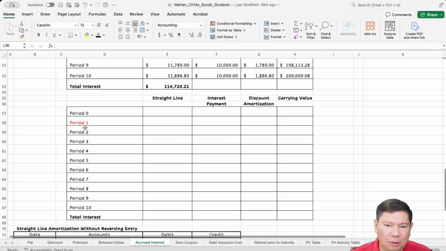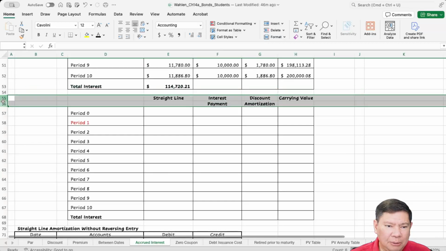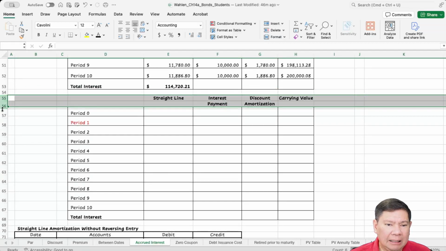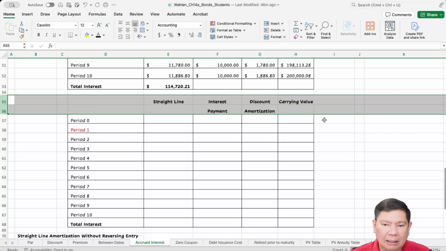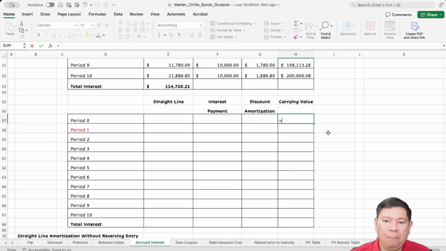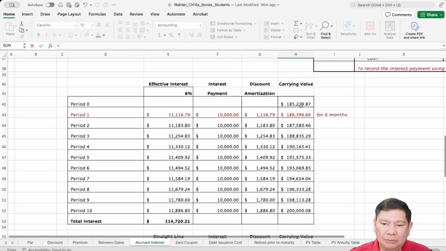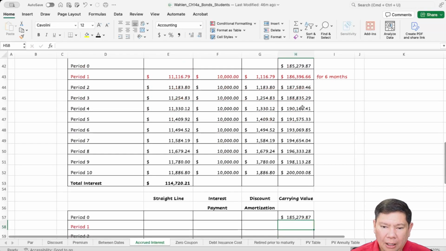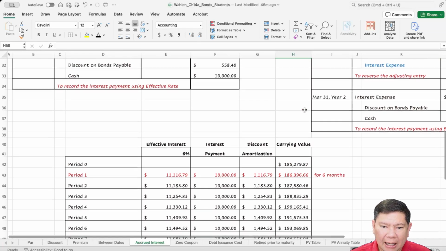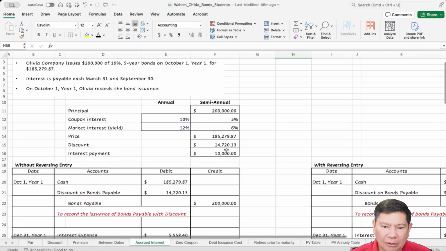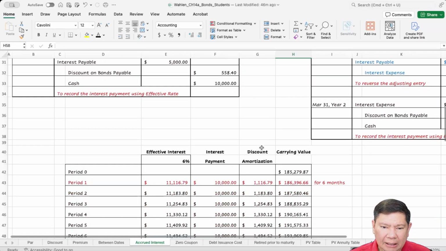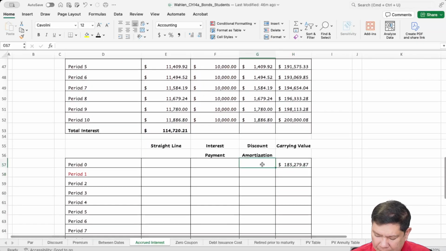Straight line is more straightforward because we just divide the discount by the period. So we have the discount is 14,720.13. So we just divide that.